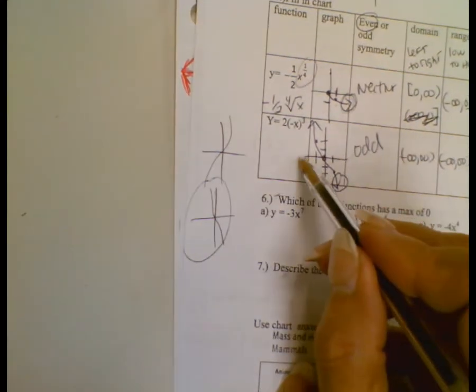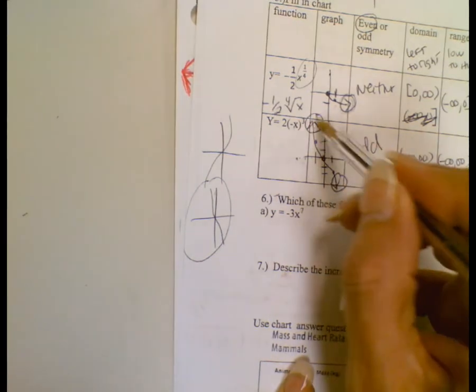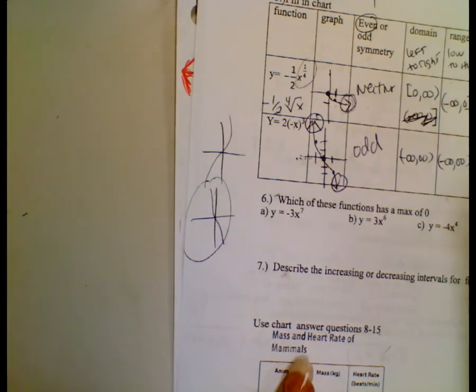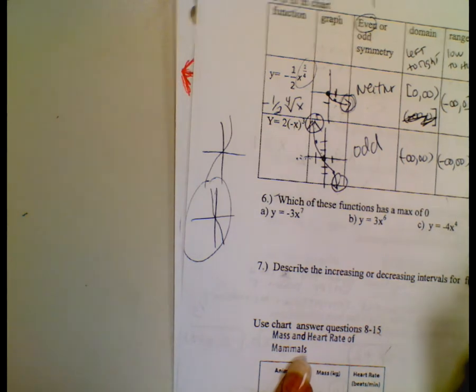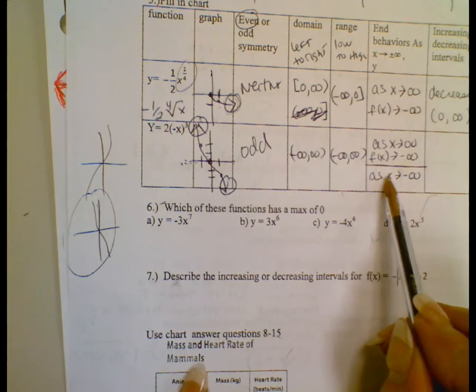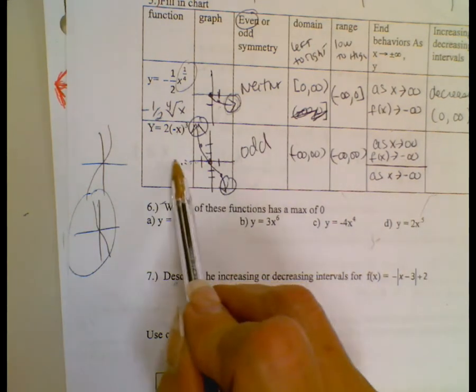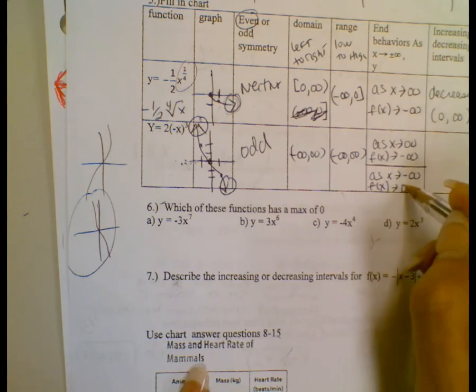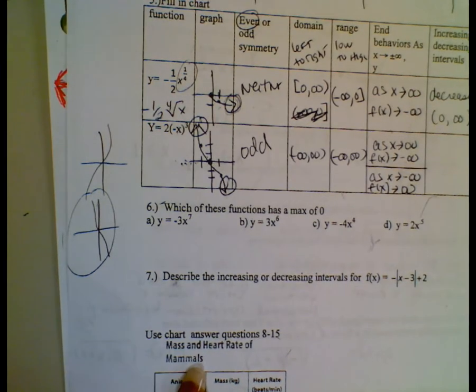As x goes to the left, what is happening to its end behavior? On the left-hand side, the end behavior is going up. So as x goes to negative infinity, it's the same thing as saying on the left side, right here, the y, which is f of x, is approaching positive infinity.